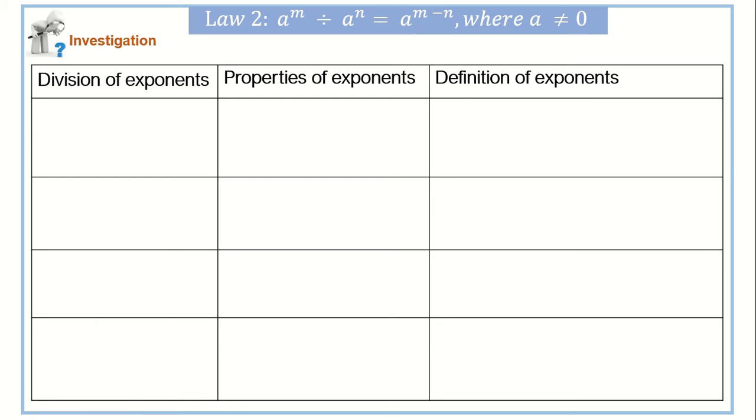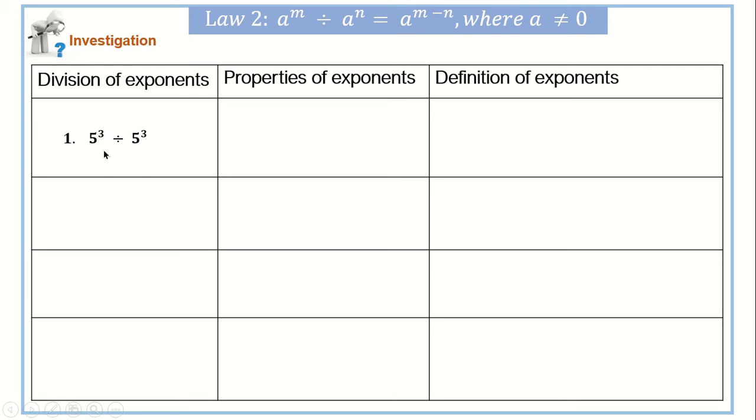Remember, we already looked at laws of exponents, and now we'll be using the second law of exponents to come up with how to deal with the zero exponent and negative exponents.